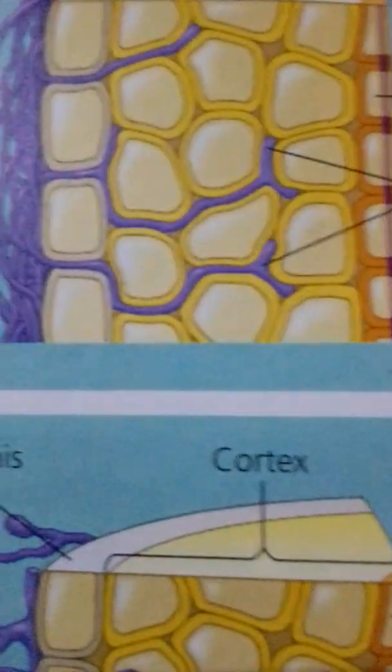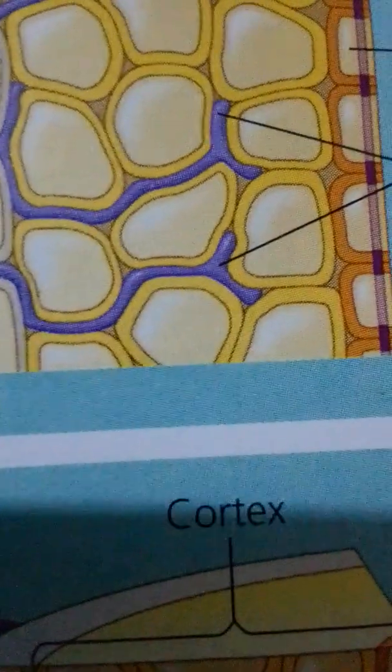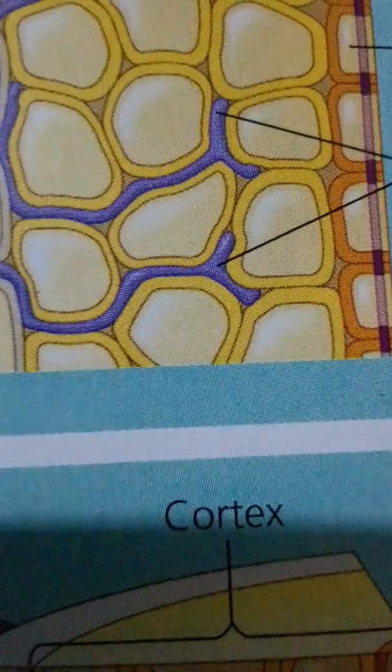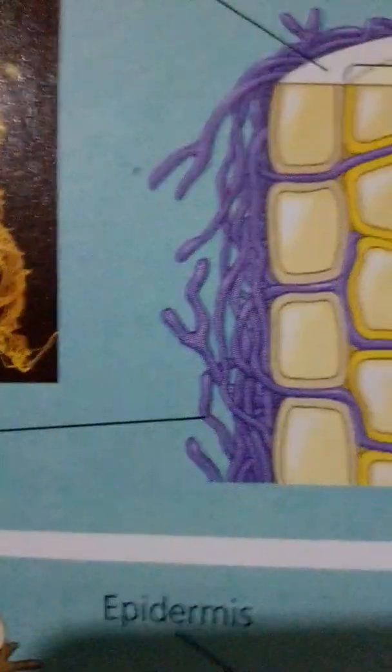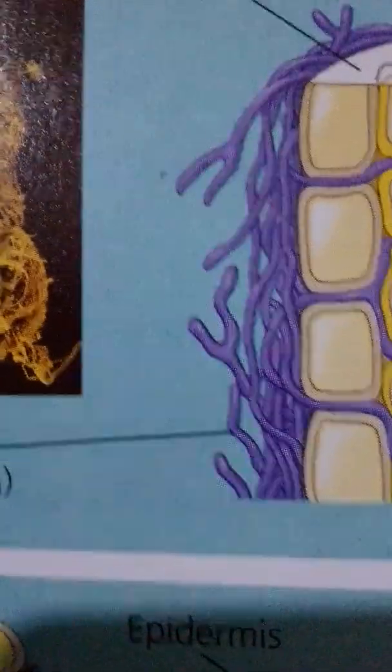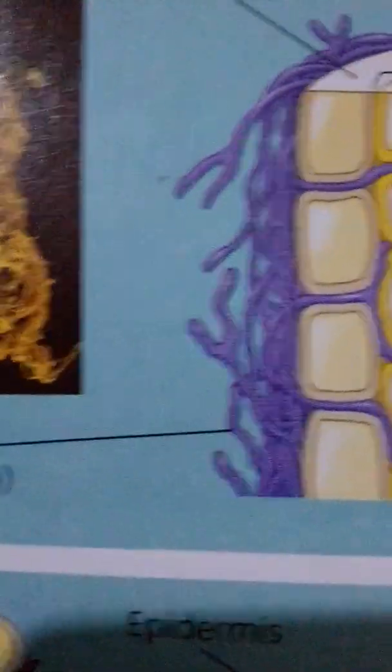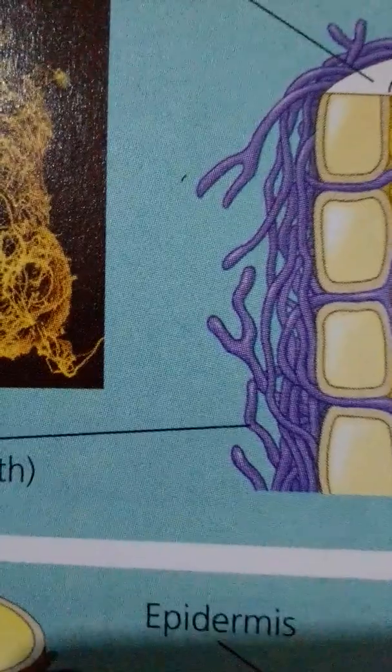Mycorrhizae, as shown in this figure. Notice that the fungus increases the surface area for water uptake and selectively absorbs phosphate and other minerals from the soil and supplies them to the plant.